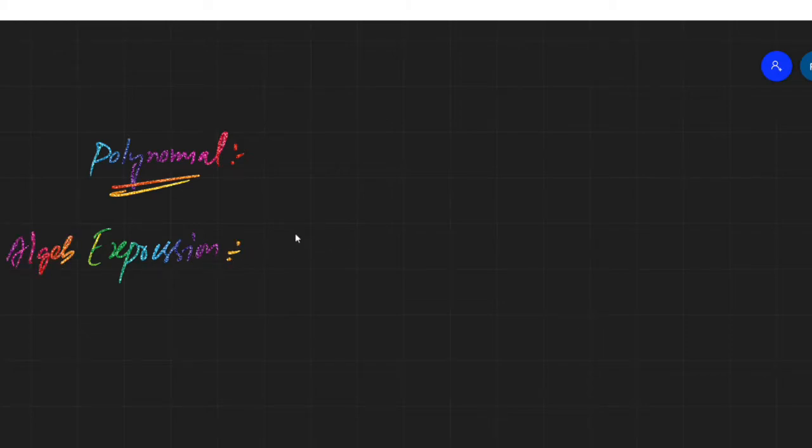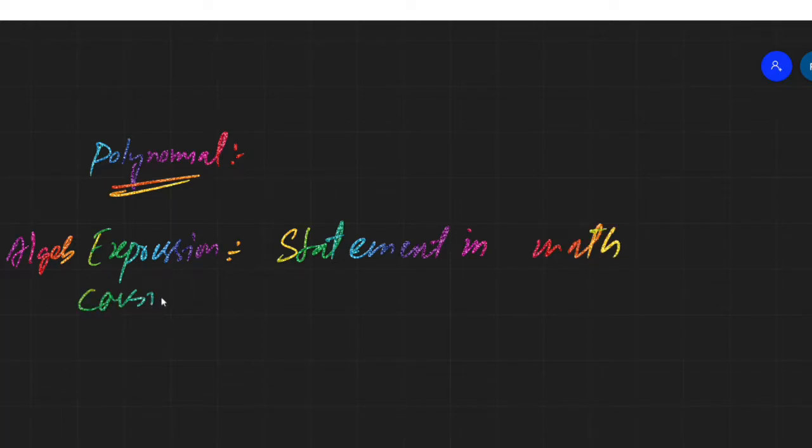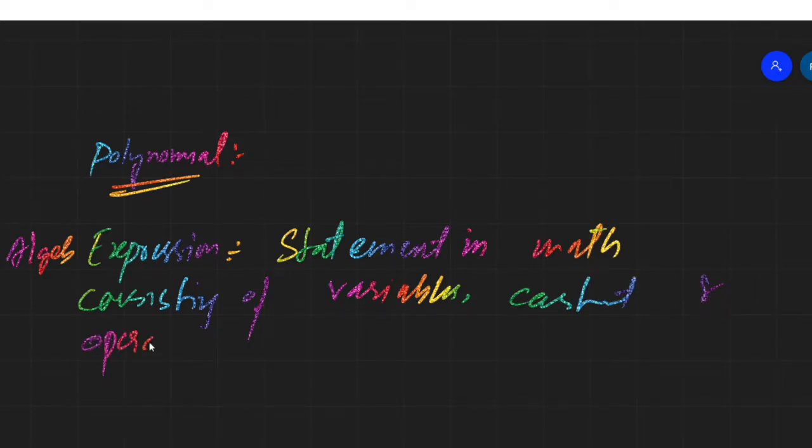An algebraic expression is a statement in math consisting of variables, constants and operators. So it is basically a sentence of mathematics which consists of variables, constants and the operators.